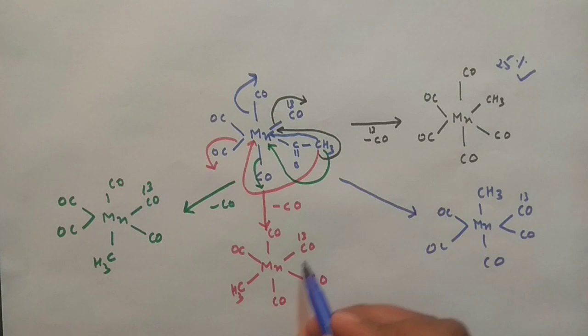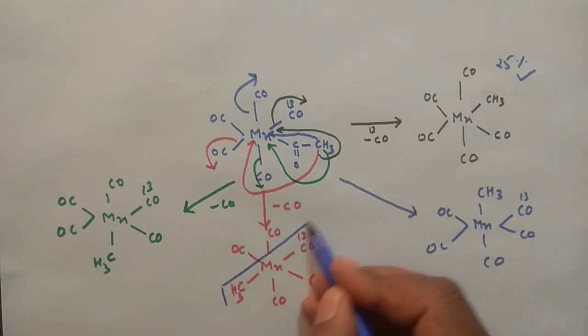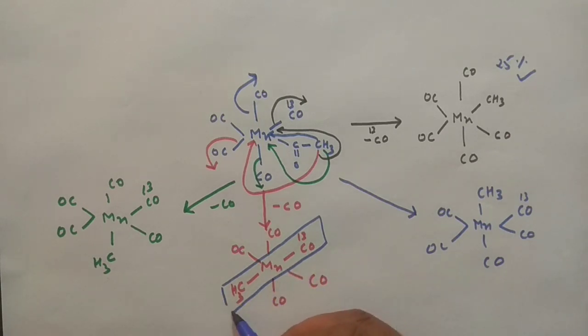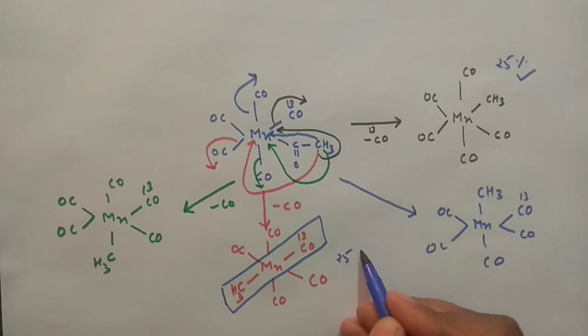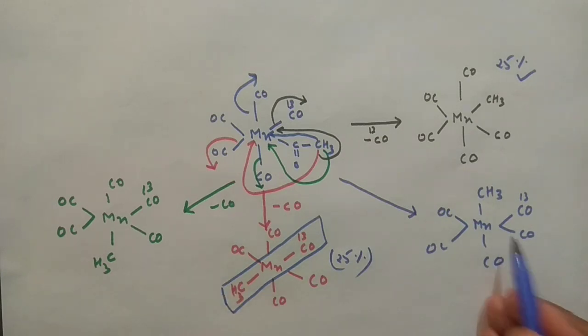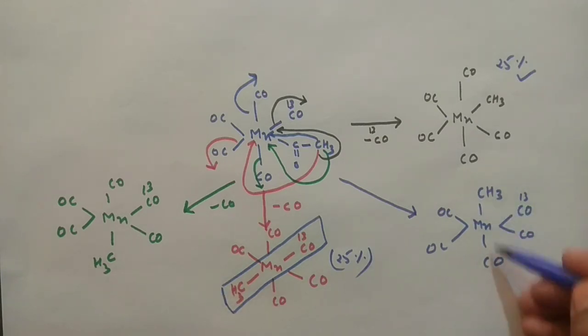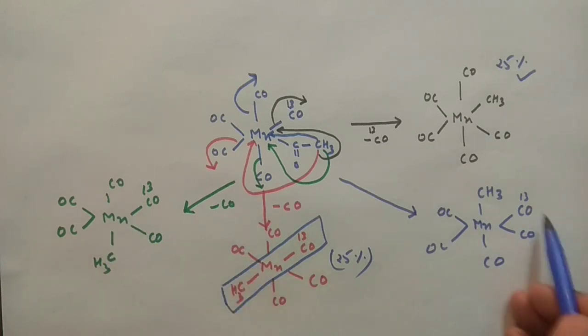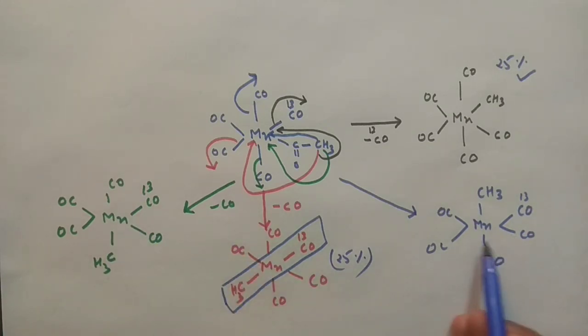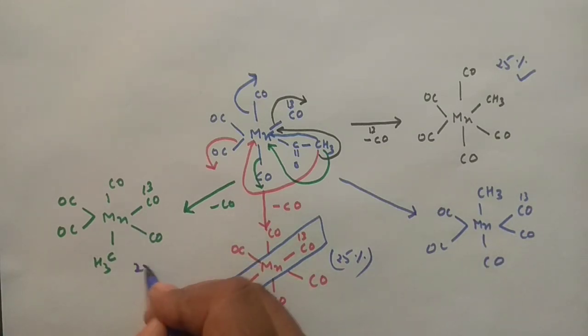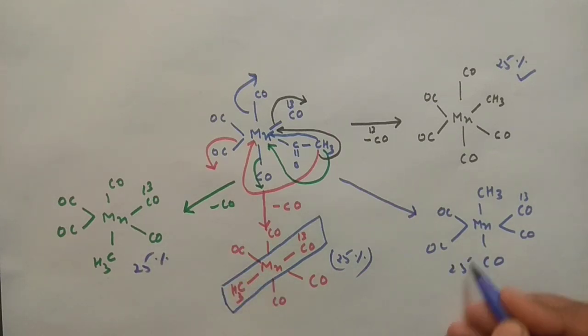And see, second option, you can see this methyl group and 13C labeled carbonyl are trans to each other. So this is one way of reacting. This is 25%. Okay, and this product and this product are basically the same. Why are they the same? Because these two are trans, these two are trans, and the rest is the same. So these two are identical. So 25% of this, 25% of this.